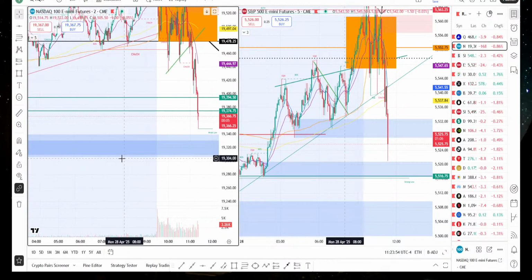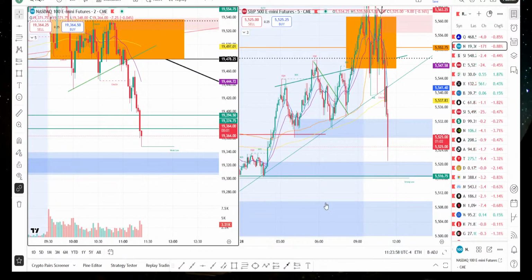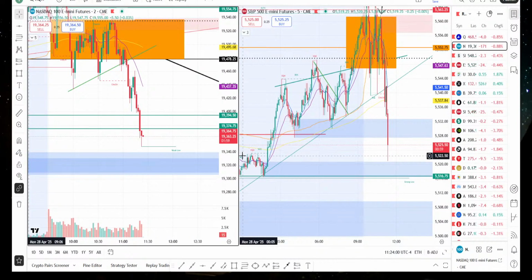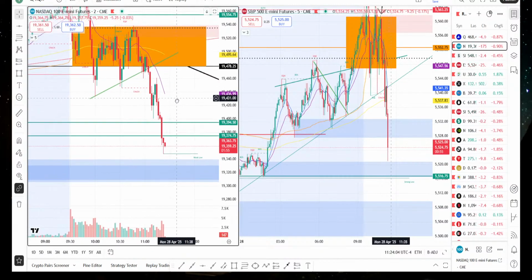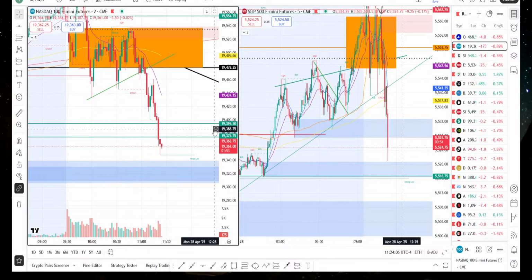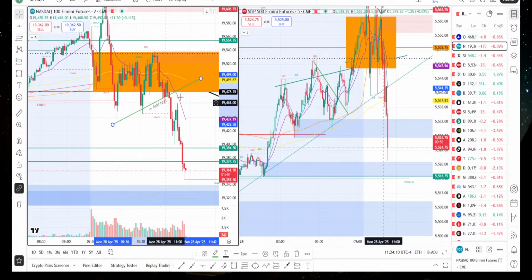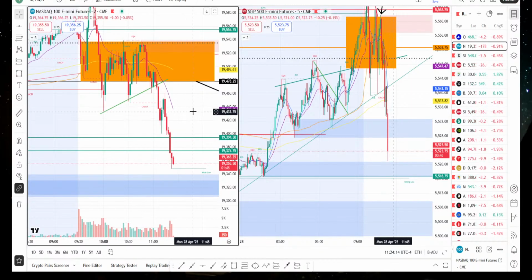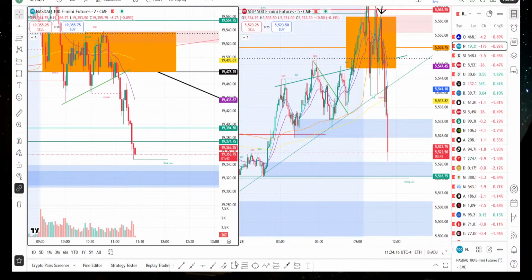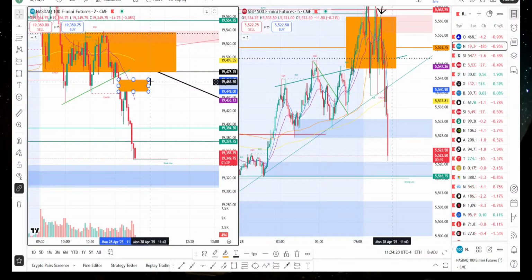It's very similar. The NQs and the SPYs, they're both coming down to an area of demand. We got this breakout here out of this support. Then we got a pullback into this fair value gap here.